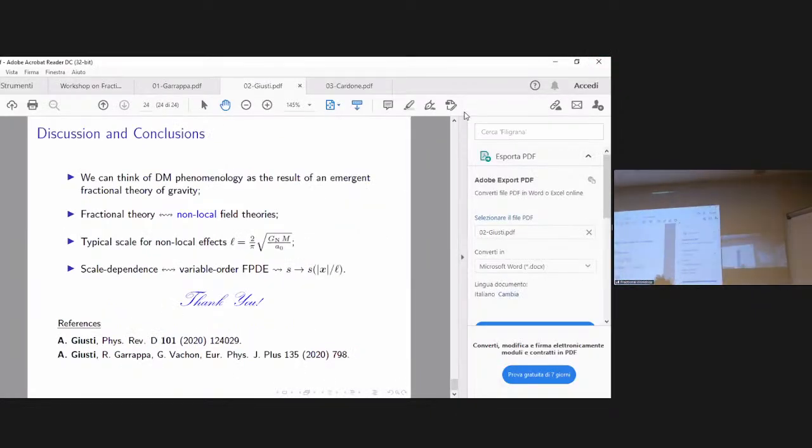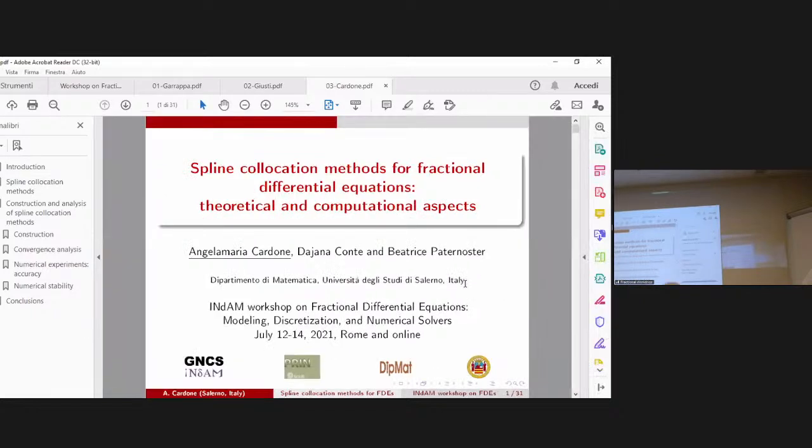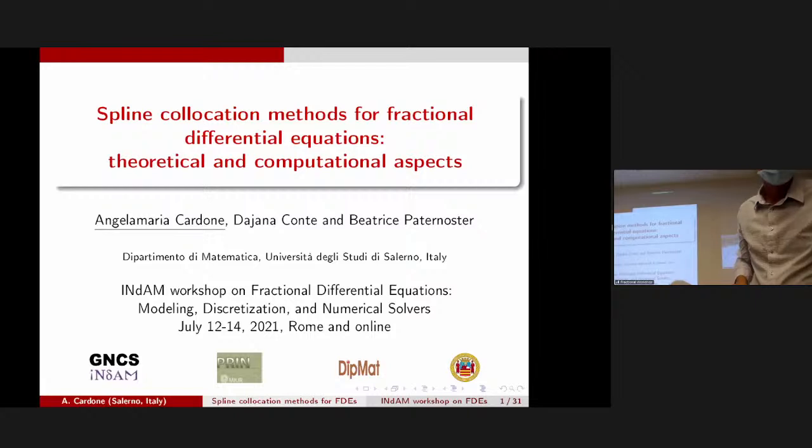Okay, so we may stop for a few minutes. Just 5 minutes of break in order to wait for the exact time at which the next talk is scheduled.